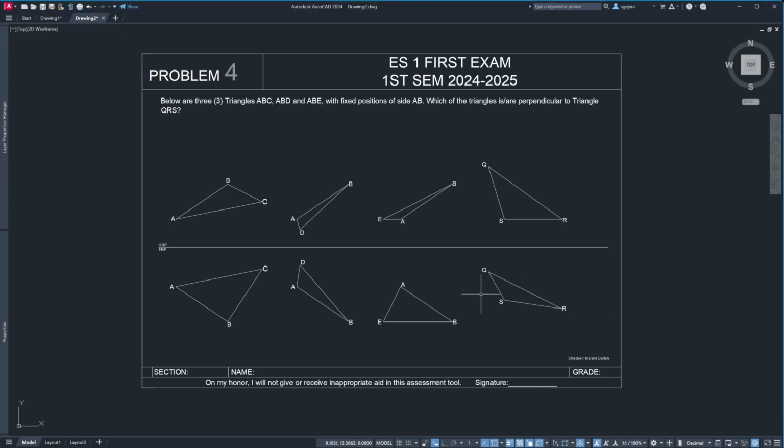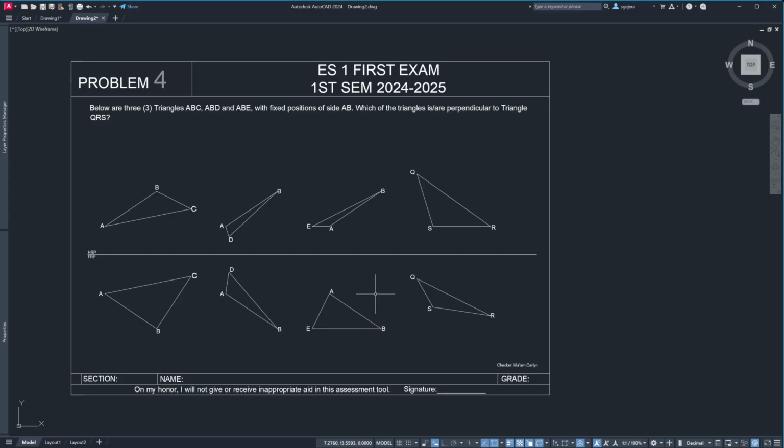For this particular problem, I'll be doing this in AutoCAD, pero most of the techniques I'll be using, meron siyang analogous techniques when it comes to manual methods, no? So, let's get into the problem. We are given four planes, ABCD, ABD, and EAB, and QRS as well.